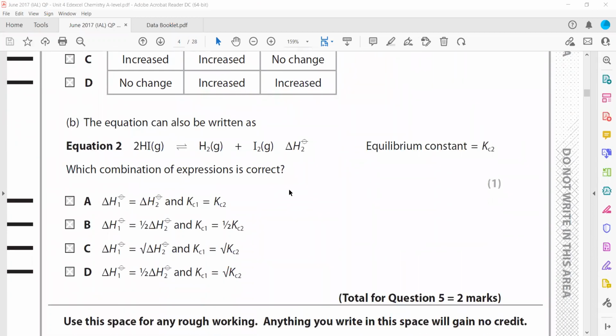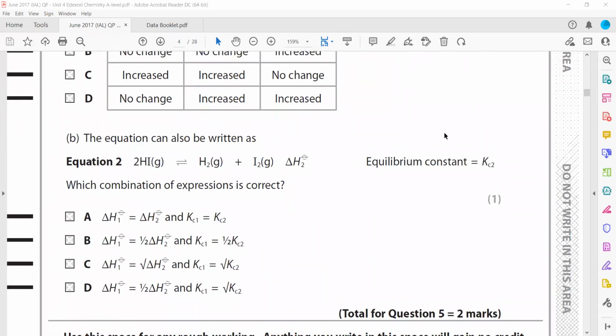The equation can also be written, as I mentioned, which combination of expression is correct. So we change the equation. First we were using 1 mole, now it is for 2 moles.